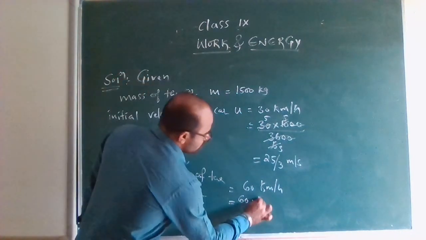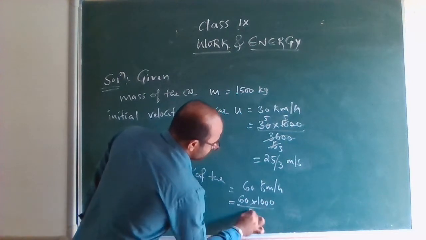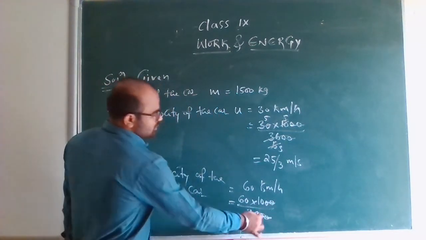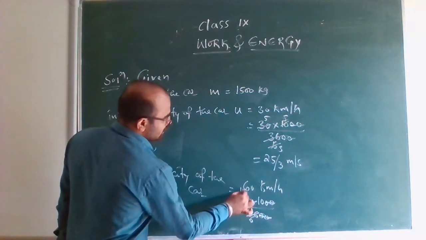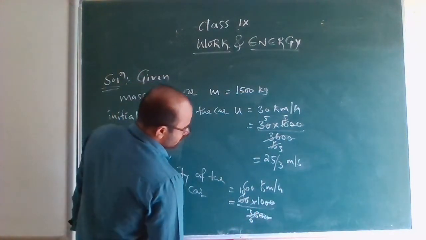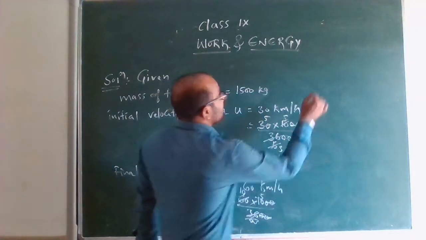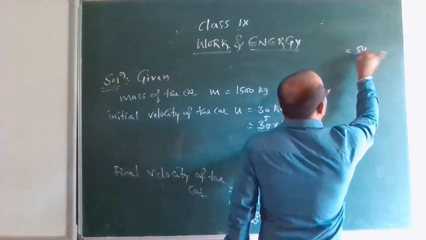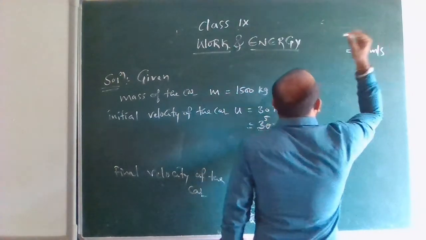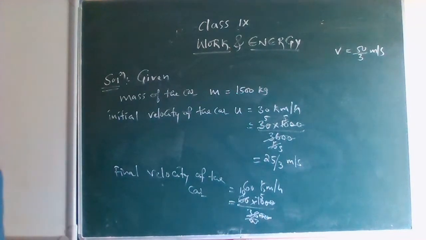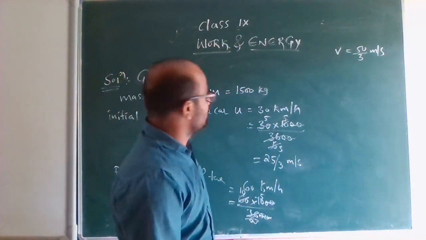That is 60 into 1000 divided by 3600. So 6 36, 6 60. Again 10 into 10 is 100, 2 3s, 2 5s. So 10 into 5 means 50 by 3 meter per second. That is the final velocity of the car, v. Okay, so u and v are obtained: 50 by 3 meter per second.